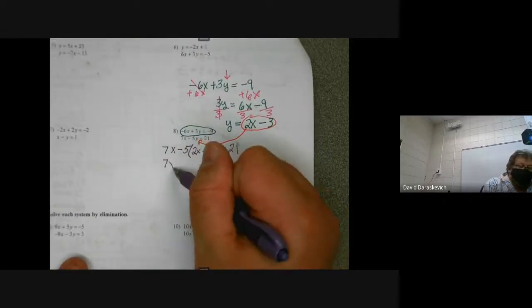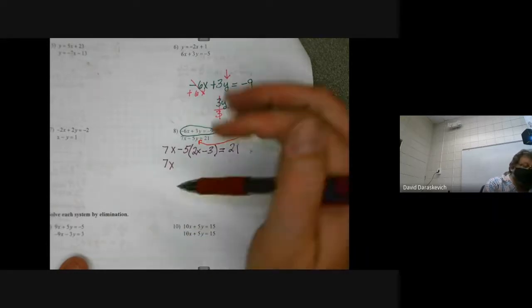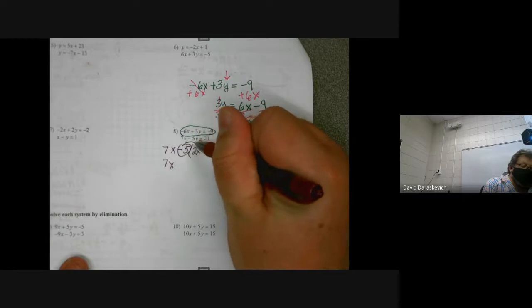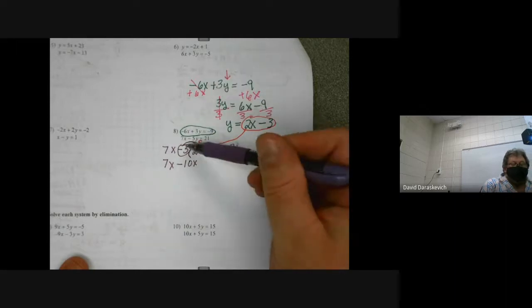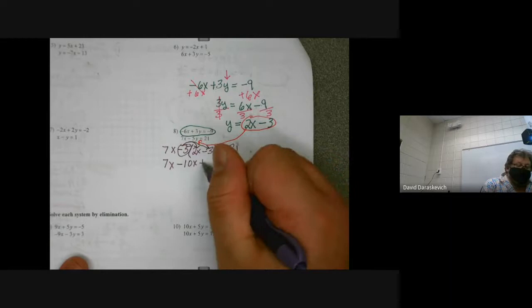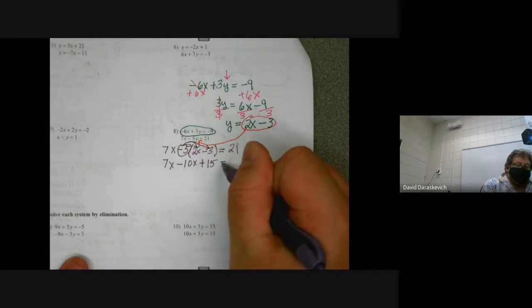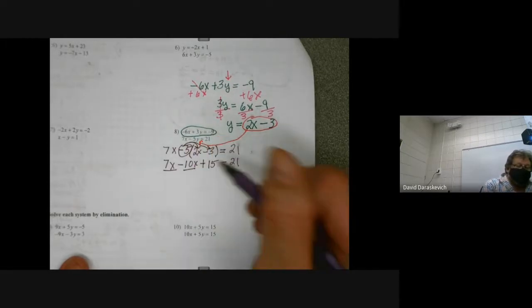7x, I have to distribute minus 5 to 2x and to the negative 3. So negative 5 times 2x, negative 10x, negative 5 times negative 3, so positive 15 equals 21. Solve for x. Combine my like terms.